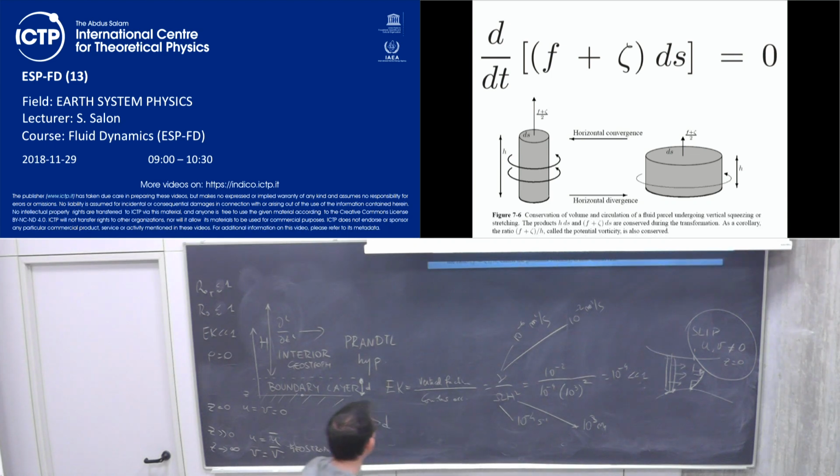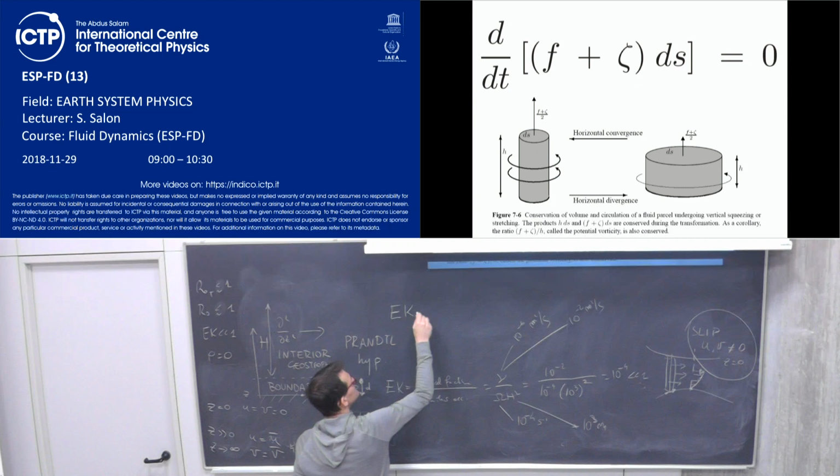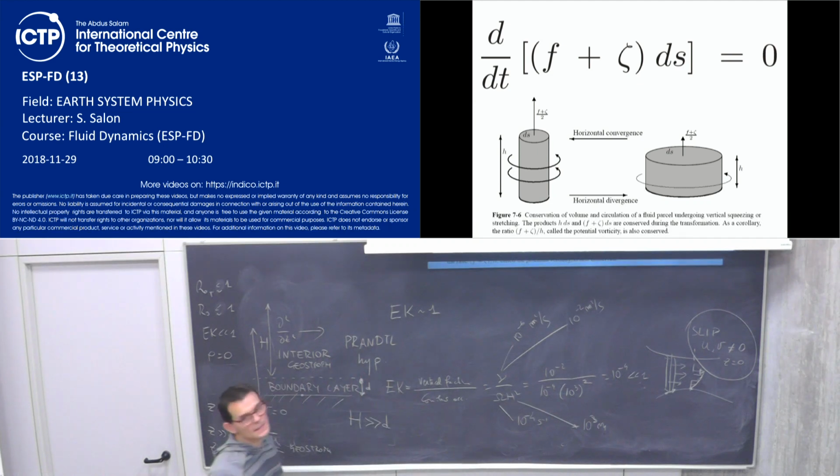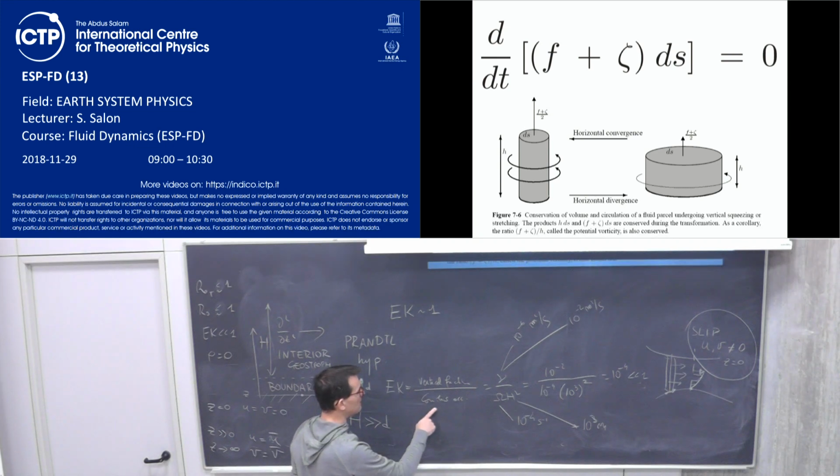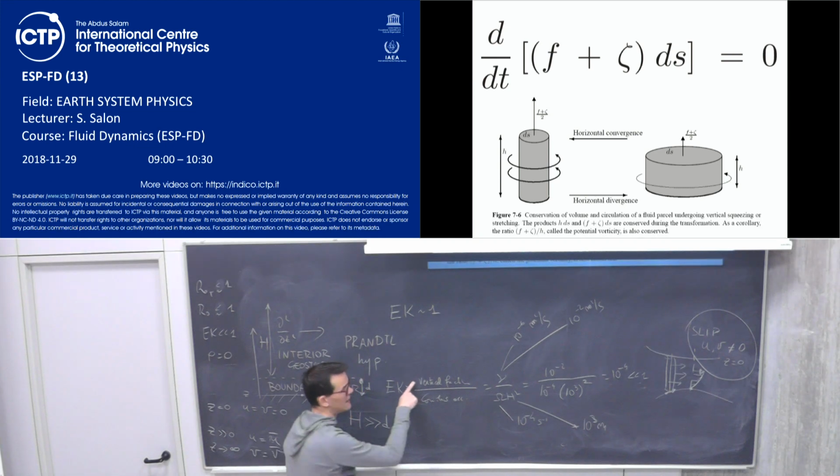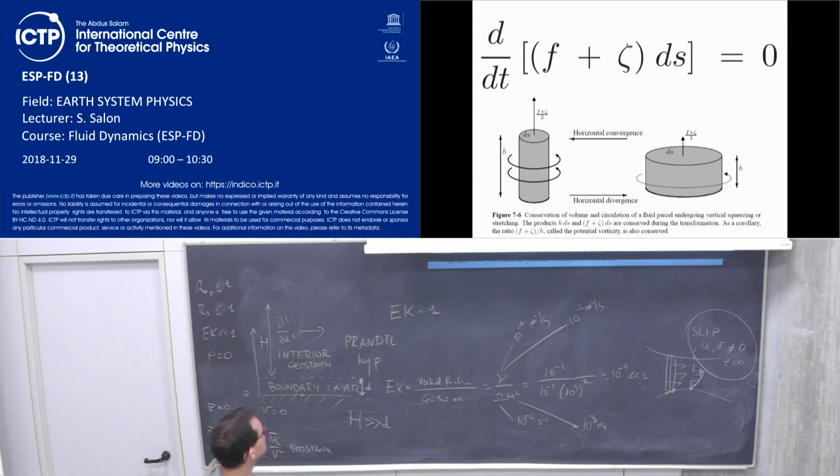Okay, so what happens if we are in the boundary layer? In the boundary layer, I'm saying that Ekman is order of 1. So in the boundary layer, I am imposing that Coriolis force and the vertical friction are of the same order. So they are equally important. So far from here, no second derivative, no friction. My flow is just geostrophic or barotropic, doesn't feel the bottom.